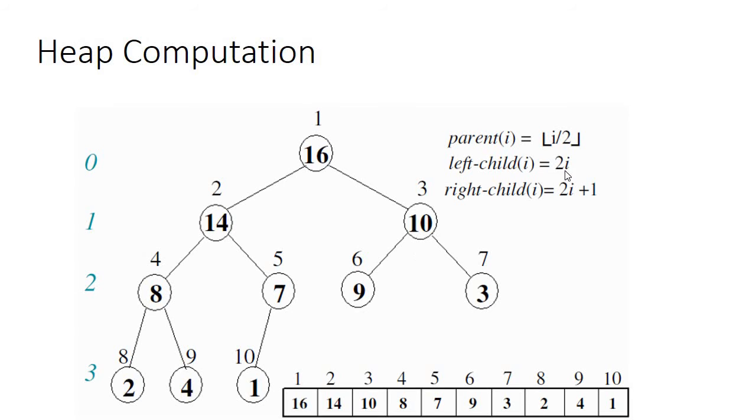On the left hand side, i is 3, so the left child must be 2 into i, that is 6. So 3 is connected with 6, and the right child is connected as 7, because 2i plus 1. So this is how it connects with each other, and how we can calculate the values of the parent, left child and right child.